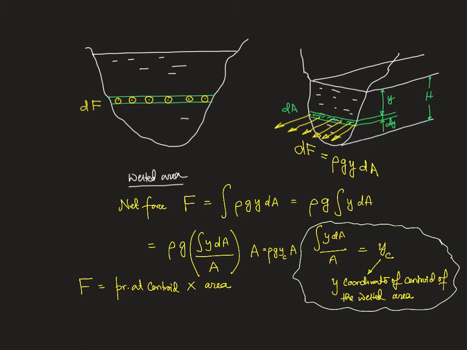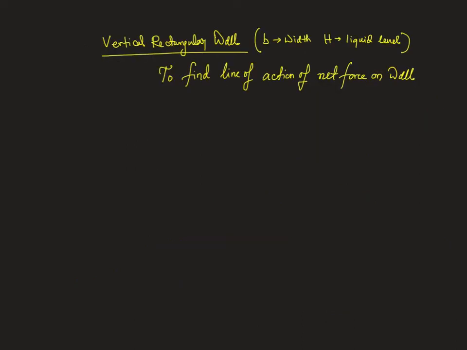So thus we have found out the force on a vertical surface. In general the shape of the surface may be a rectangle, or may not be a rectangle. Now we have calculated the force part.